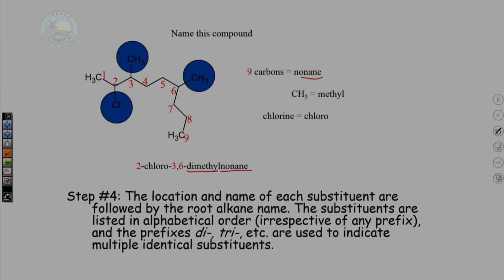Where are they located? Third carbon and the sixth carbon, that's why we have 3, 6. And chloro is found on the second. If you notice, numbers are separated by a hyphen from the letters. Let me just erase that. So numbers are separated by a hyphen from letters, and your numbers are separated from each other by a comma. All right, and there we have it.